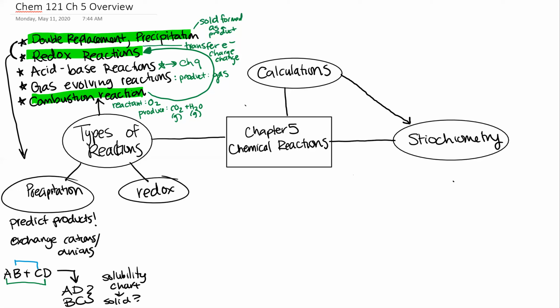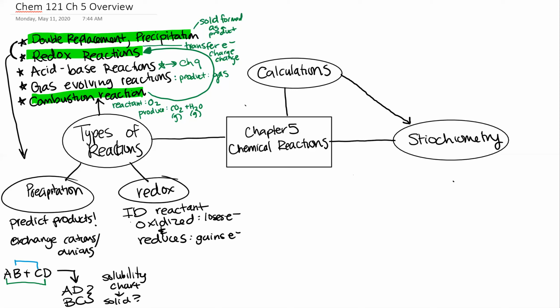For redox reactions, I would like you to be able to identify the reactant that is oxidized and the reactant that is reduced. And I will not use language like oxidizing agent or reducing agent on the exam. Instead, I'll use oxidized and reduced. And so oxidized is the one that loses electrons, and reduced is the one that gains electrons.